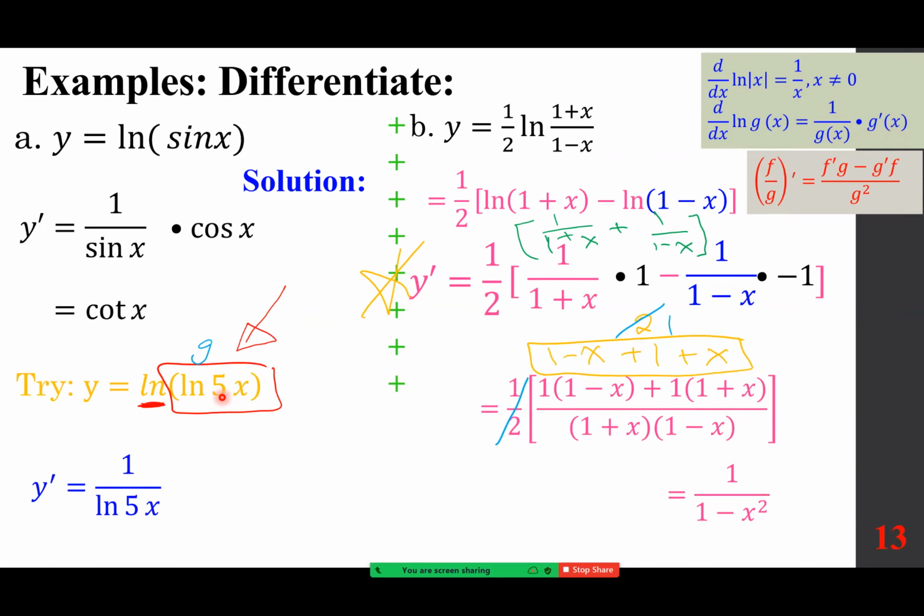Remember, it's ln 5x. What is the derivative of ln 5x? Well, you flip this one over, 1 over 5x. And then the derivative of 5x by the chain rule is 5.